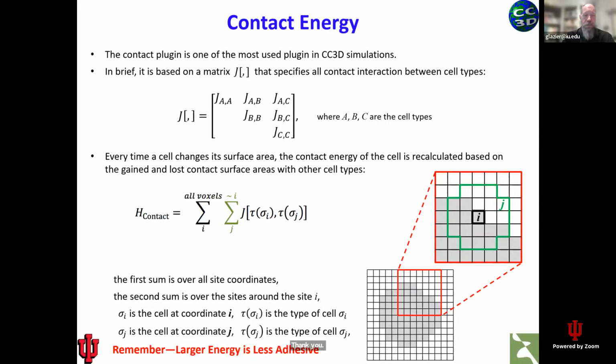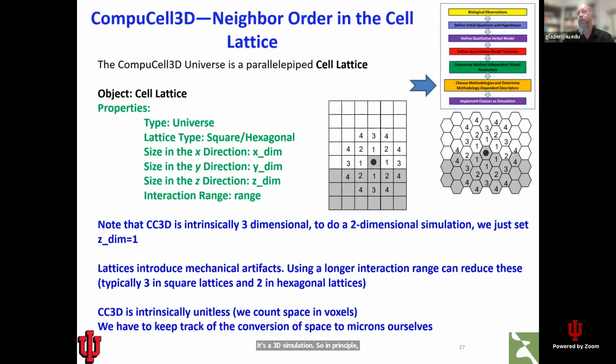Voxels and pixels. It's a 3D simulation, so in principle, they're voxels rather than pixels. Something that we have to be aware of, we haven't really talked about the lattice very much. The lattice in CompuCell can either be 2 dimensions or 3 dimensions, and you have an option of a square lattice or a hexagonal lattice.